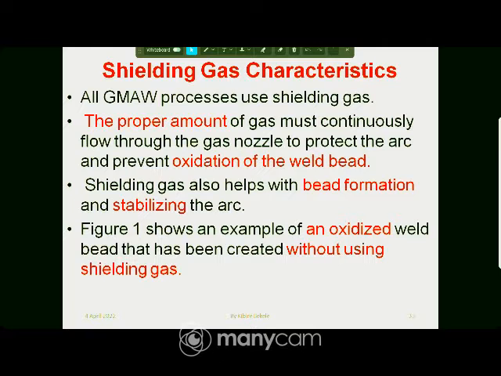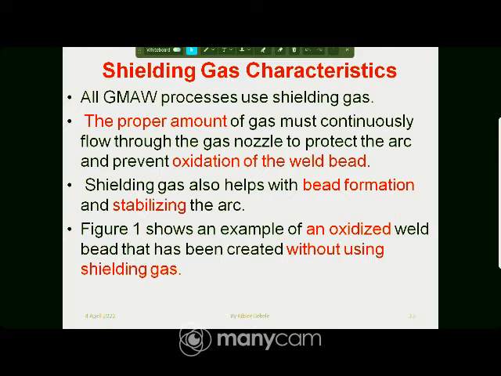All gas metal arc welding processes use a shielding gas. The proper amount of gas must continuously flow through the gas nozzle to protect the arc and prevent oxidation of the weld bead. It can protect the tip of the electrode, the molten metal, and the welding zone from air contamination.